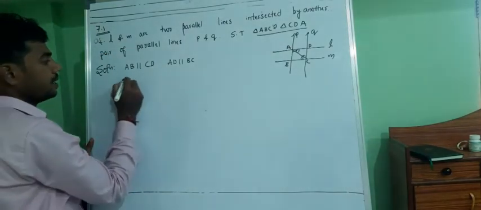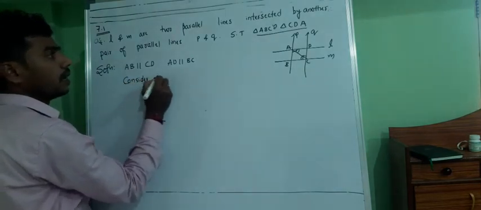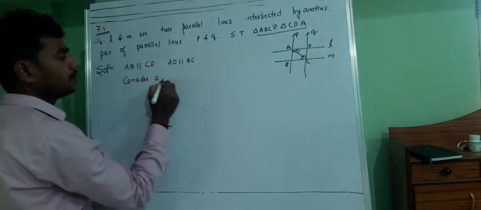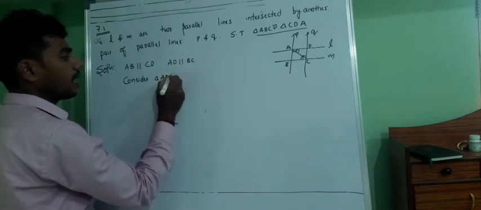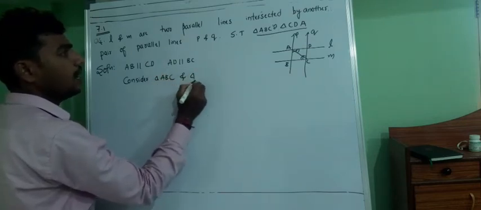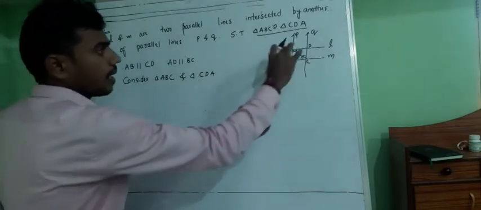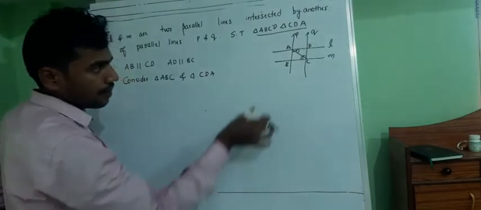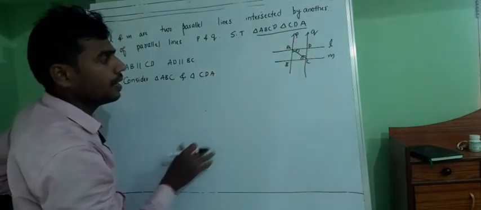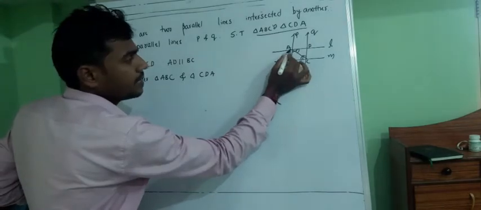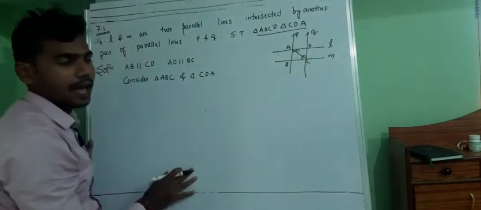See, consider triangle ABC and triangle CDA. Now, AB is parallel to CD and in that AC will act as a transversal, then angle BAC will be equal to angle ACD because of alternate interior angles.